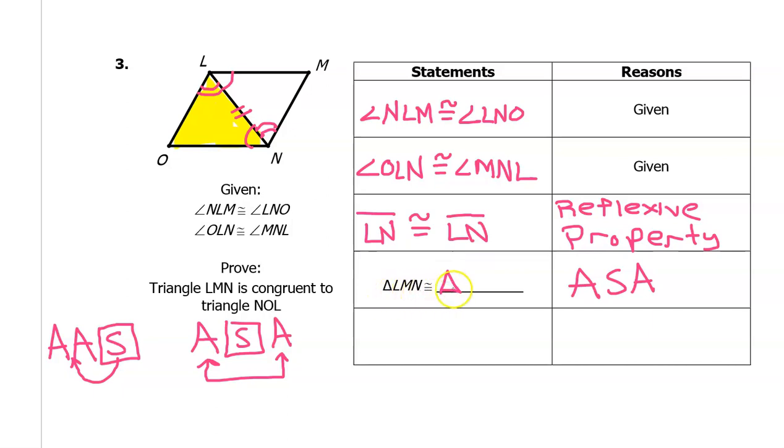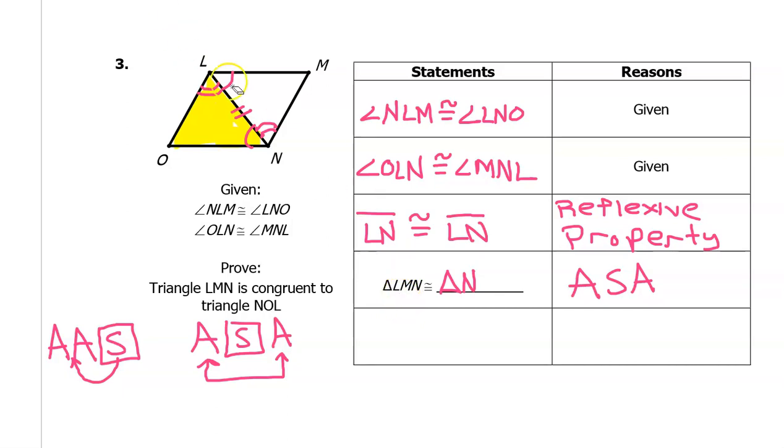Triangle LMN is congruent to triangle what? Well, actually, I'm sort of messing up.